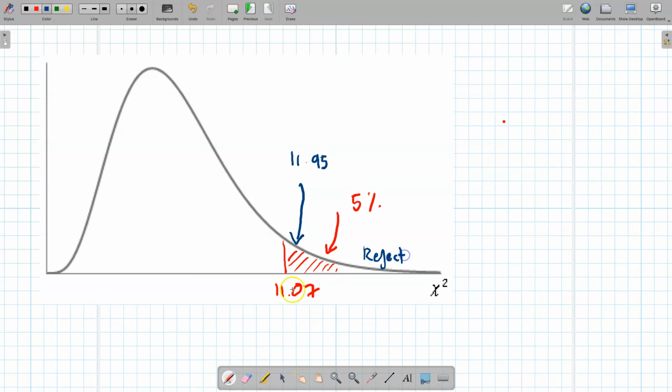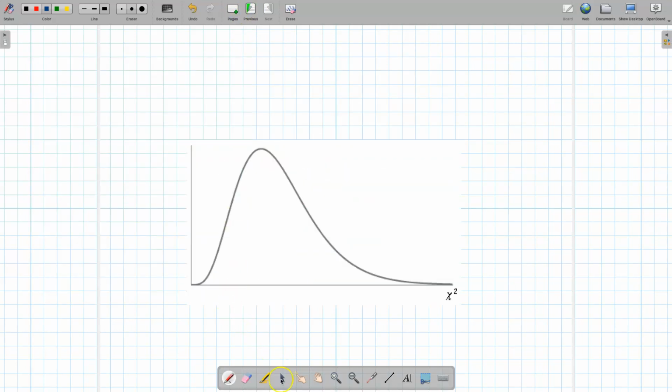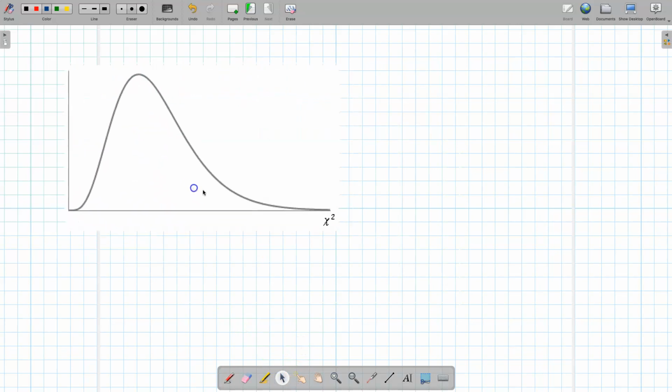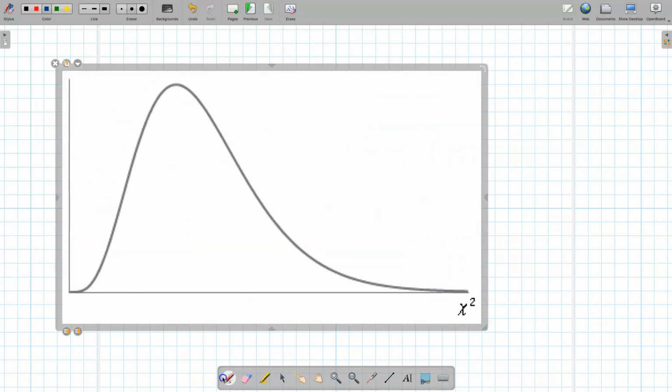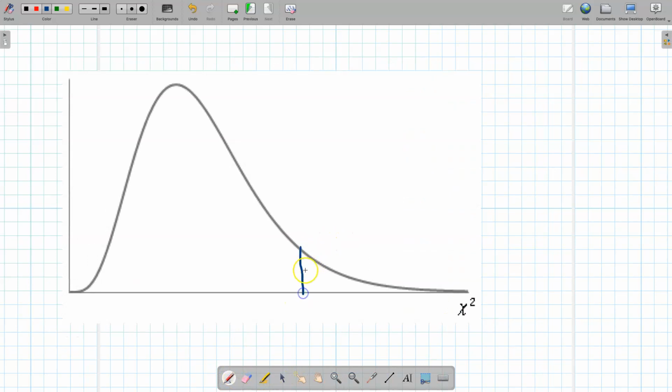Now that's using the chi-squared critical values. What you could do is take it one step further. We could do it with the p-value. This is the more normal type of thing to do, is to do the p-value, make a nice chi-squared diagram. And let's say we're at my cutoff point here, and that's 5% because that was my level of significance.